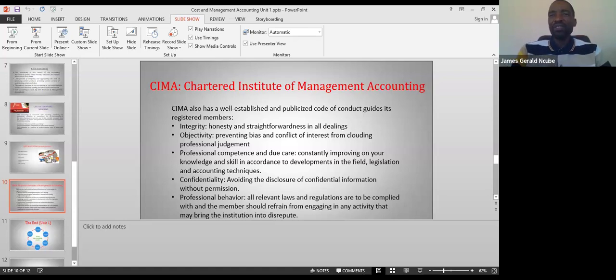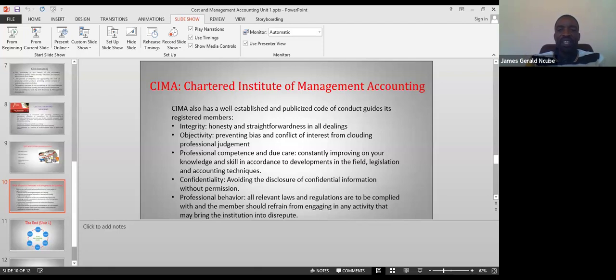Without honesty, it will be difficult for management to have confidence in management accountants, because they must be people of high integrity and honesty, as far as their dealings with stakeholders are concerned.